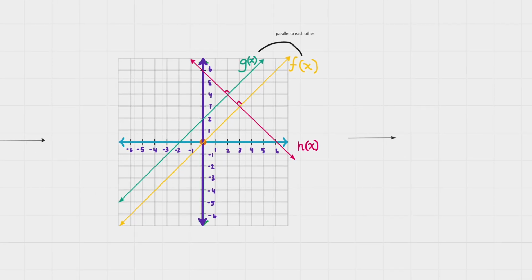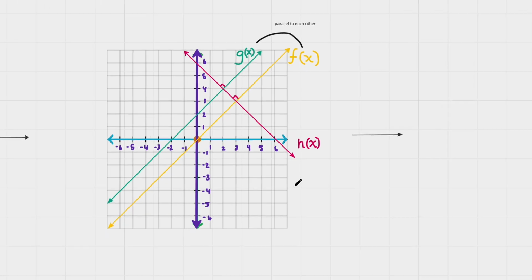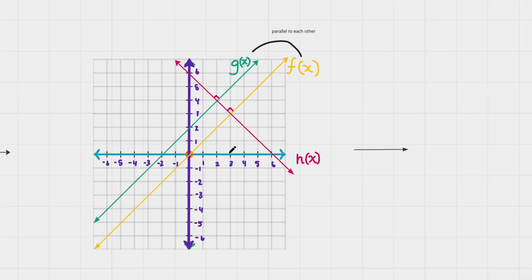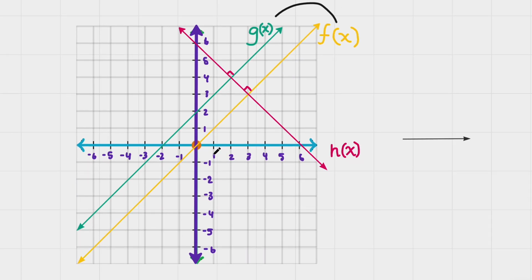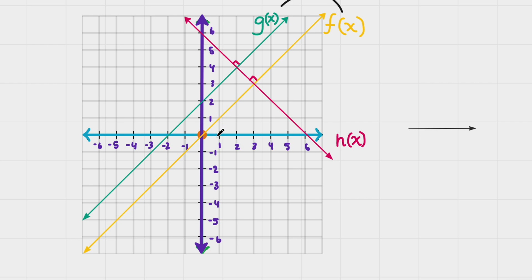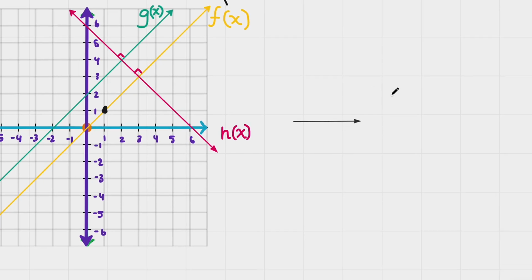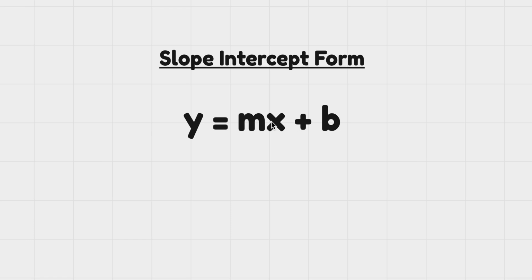So let's take a look at what this would look like if we were to find a point on f of x or g of x. So let's say we want a point 1, 1 on f of x. Using this point, we can find the slope, which can be calculated using the slope-intercept form. And that is y is equal to mx plus b.